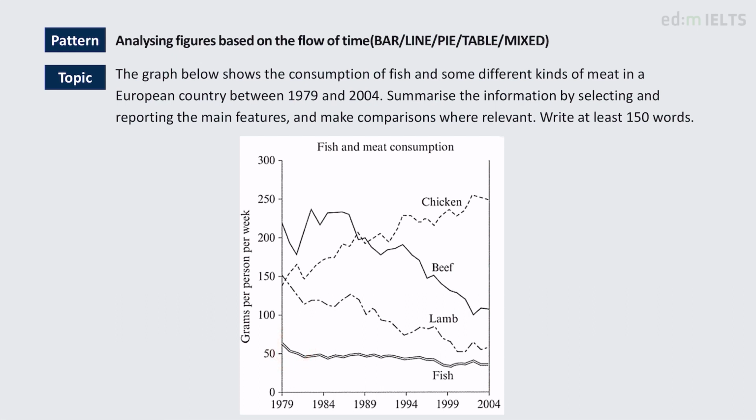It's one person. And the unit of measurement is grams. The period in question is 25 years, quarter of a century. But it's all in the past. It's not future predictions. It's not until now. That will affect the grammar that we use, as always.